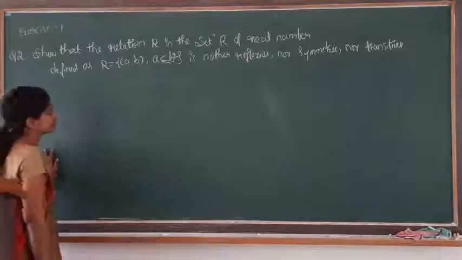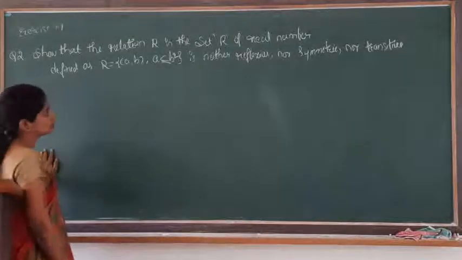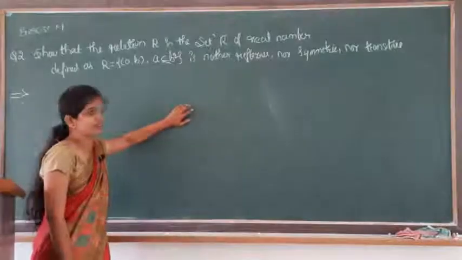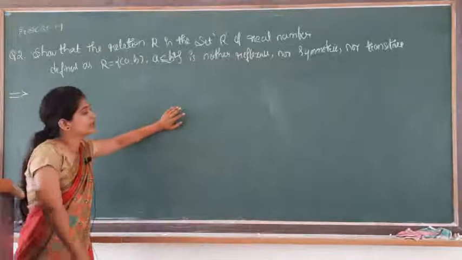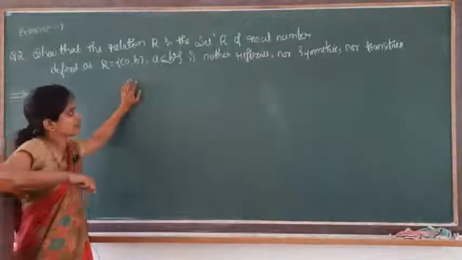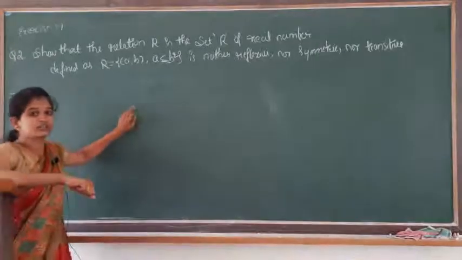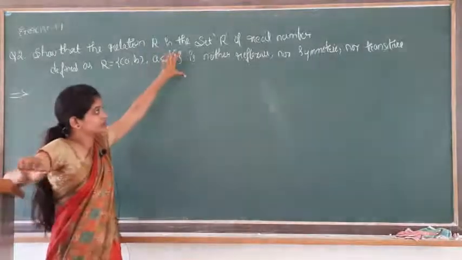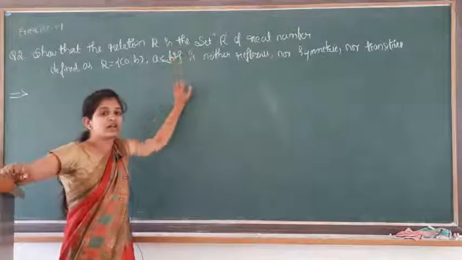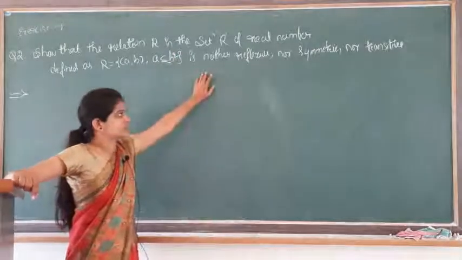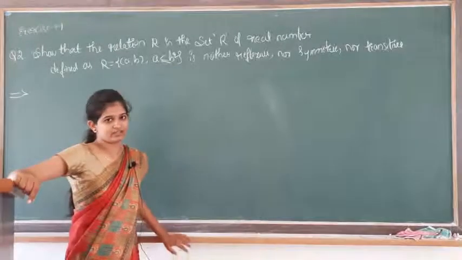First we show that the relation is not reflexive. If at least one element of the given set R is not related to itself, then the relation is not reflexive.